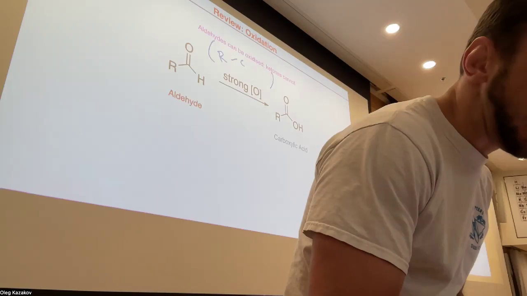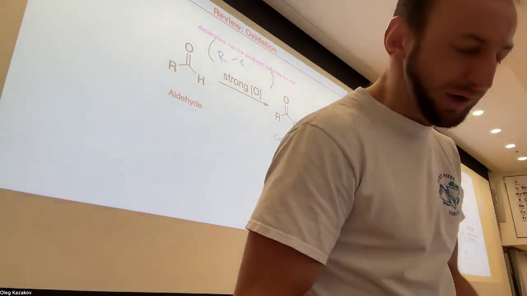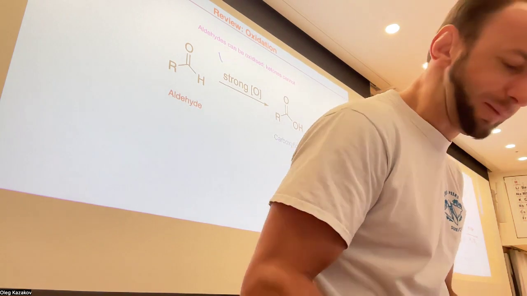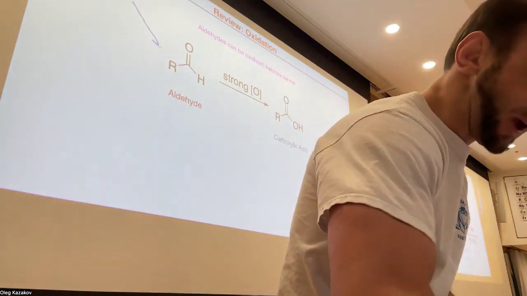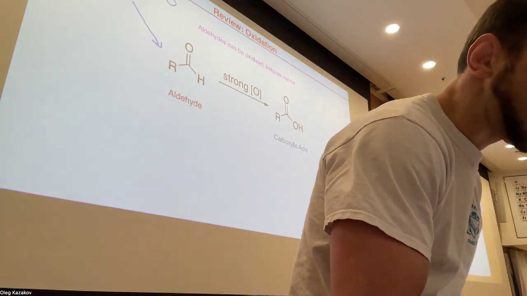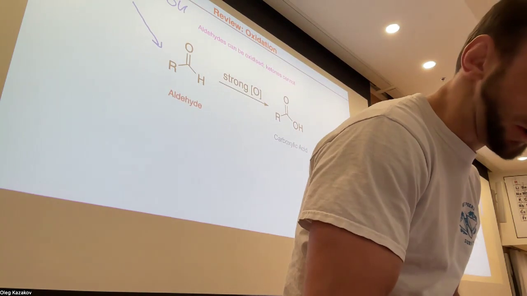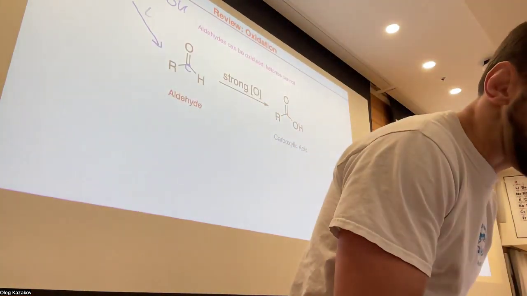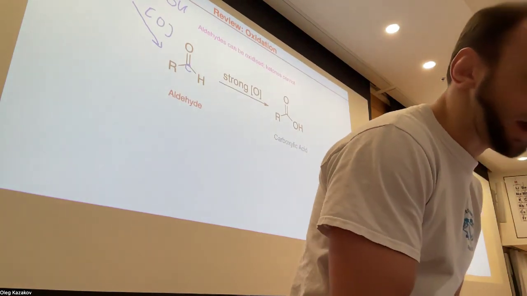So no, sorry, I messed up a little bit. So here your starting material will be an alcohol, RCH2OH. But then you are going to make an aldehyde by oxidizing the alcohol.